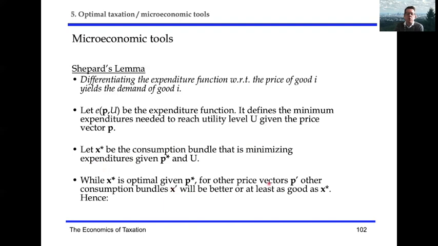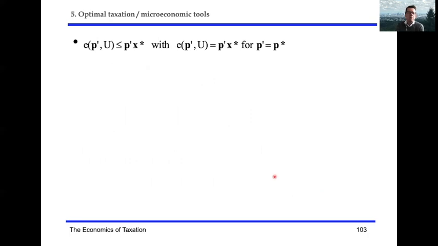So for this other price vector P prime, usually x prime will be at least as good as x star, simply because I can re-optimize.